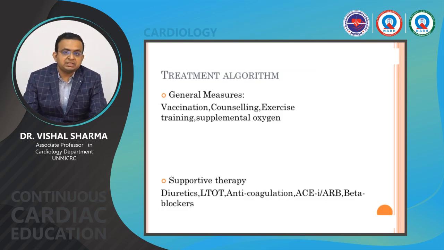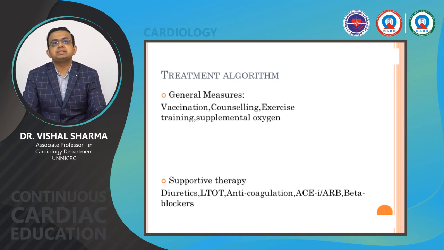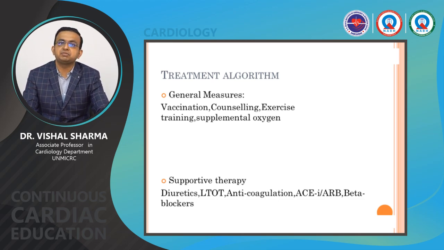Now, as far as the treatment algorithm is concerned, before starting the true treatment algorithm, you need to note that the general measures and the supportive therapy play as important a role as the specific therapy in patients with pulmonary arterial hypertension. General measures include vaccination, the pneumococcal vaccine and the influenza vaccine, and proper counseling. This is very important. Patients require proper counseling because this is an orphan disease, and not many patients know about it.